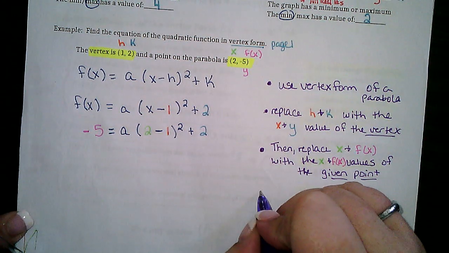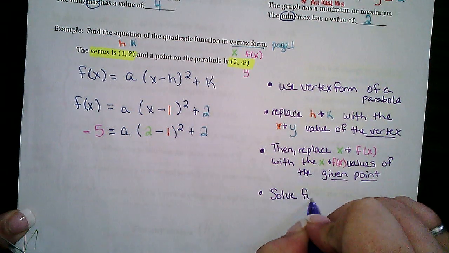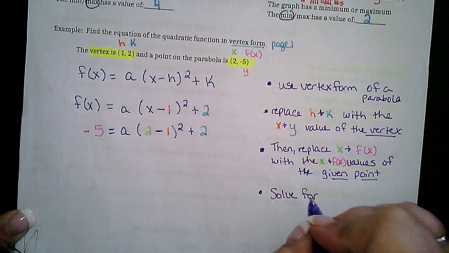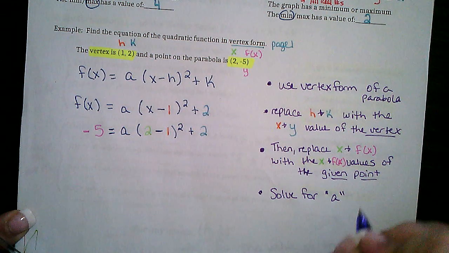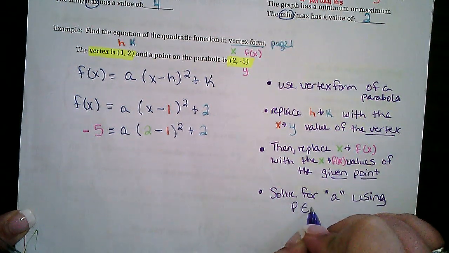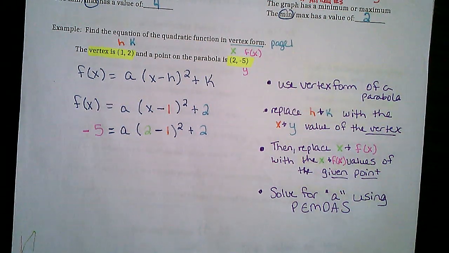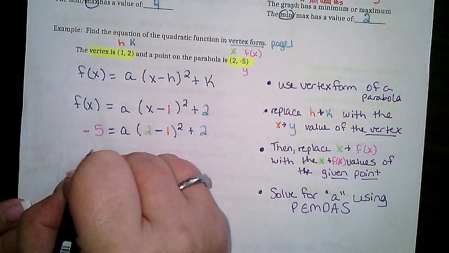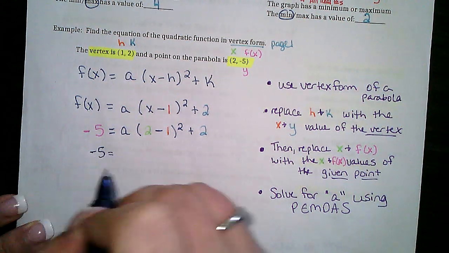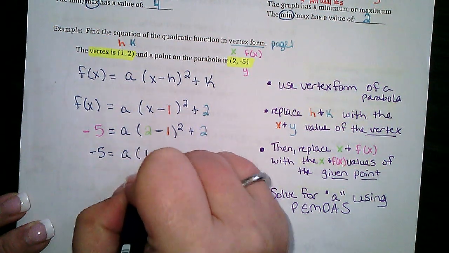Okay, so after all that replacing, we are going to solve for the only letter left. Solve for the A. And to do that, whoa, that's a big U, we are going to use PEMDAS. So now let's do some math. Put all those pens down for a second. Okay, bring down the -5 because it's all by itself. 2 minus 1 is 1.